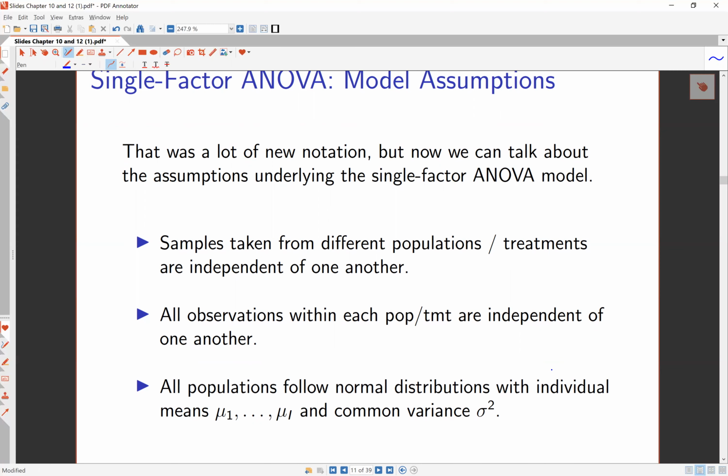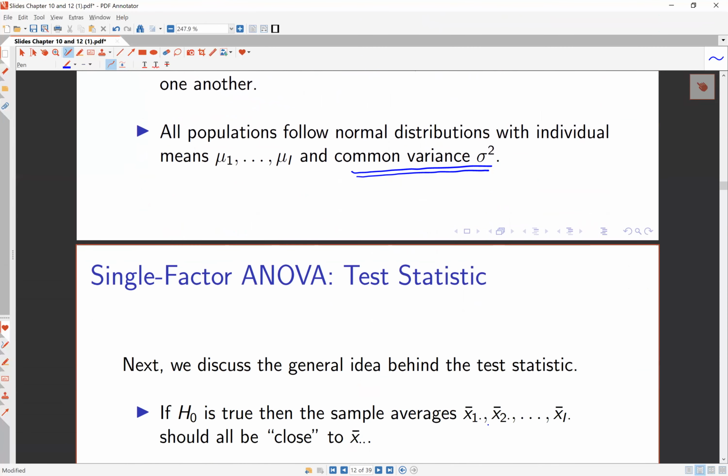And then finally, we assume that each population or each treatment outcome follows a normal distribution, and we're allowing the groups or the populations to have individual means, mu1 through mu I, but we are assuming common variance. So again, this has a little bit in common with the 2-sample t-test where we assume equal variance and then we have to pool the variances across the groups. So there'll be some kind of pooling that happens here as well.